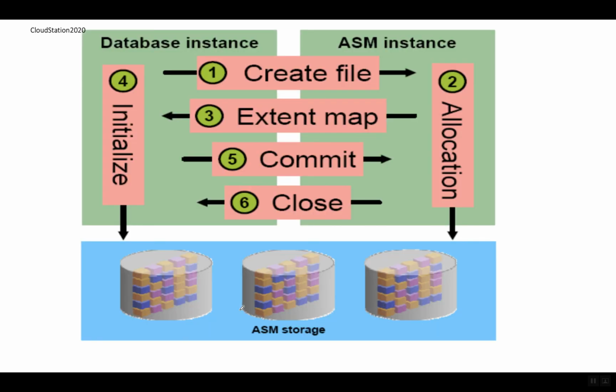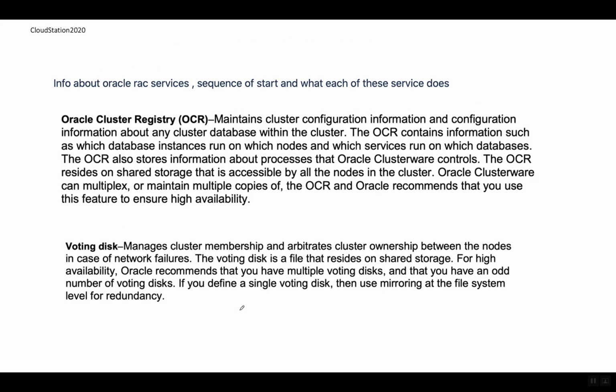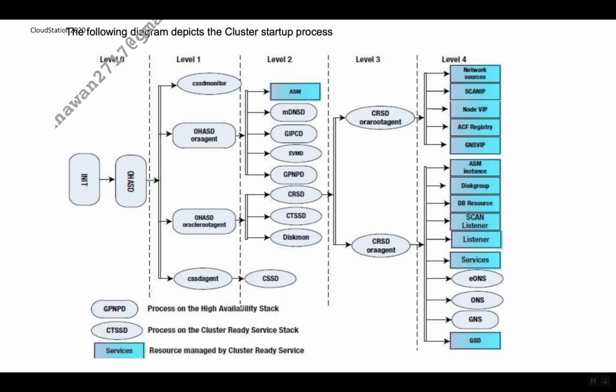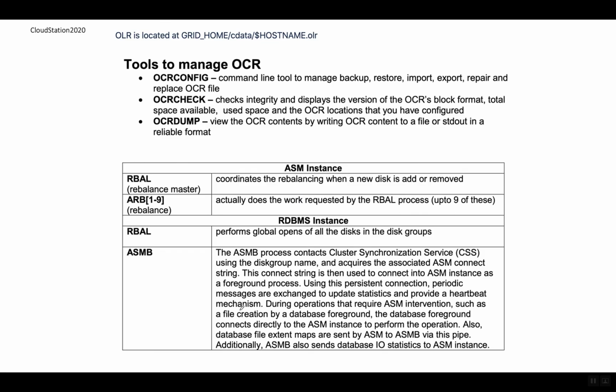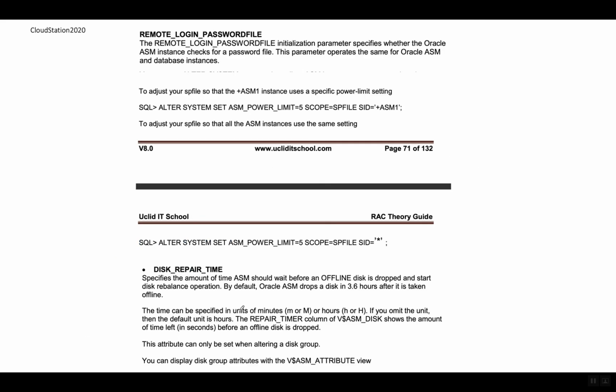We'll talk about how it happens, how you create a file in ASM storage, and basically about rebalancing. Then you have Flex Cluster and the system parameters and how to set them, then Oracle Cluster Registry, voting disk, how a RAC cluster processor starts and stops, which is important, and the tools you have to manage OCR, and then what the GNP profile and ASM profile processes are.